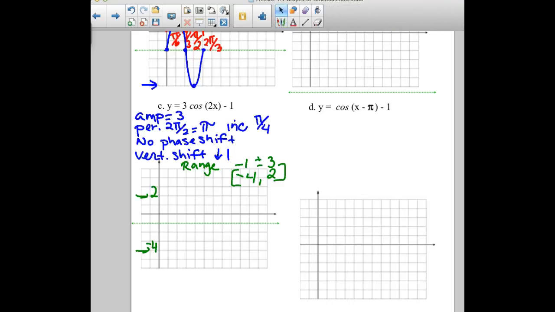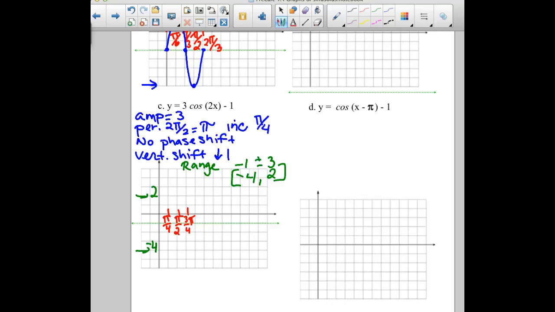All right, let's get our tick marks labeled. We are going in increments of pi/4. We haven't done any kind of left or right move, so we're going to just start from 0. My first tick mark then would be pi/4. Next one would be 2/4, which is pi/2. And then we have 3/4.